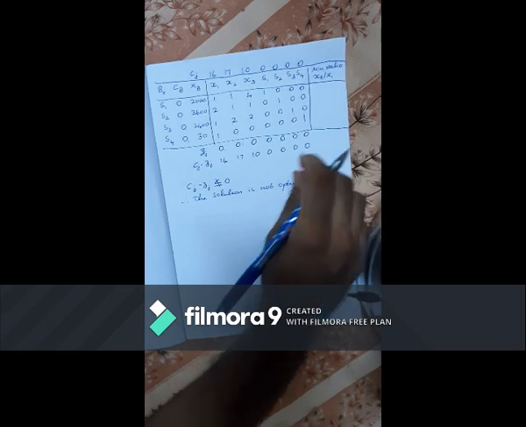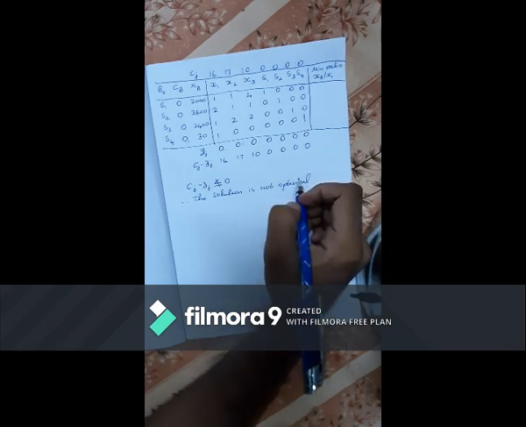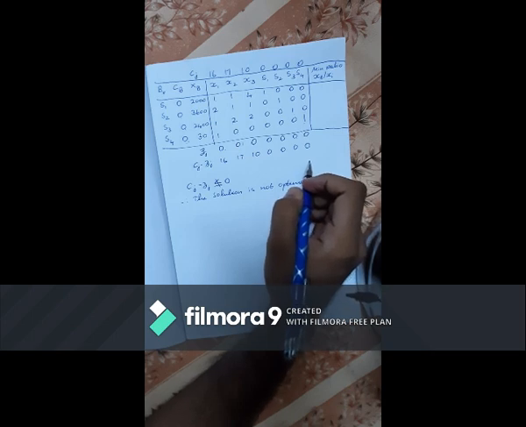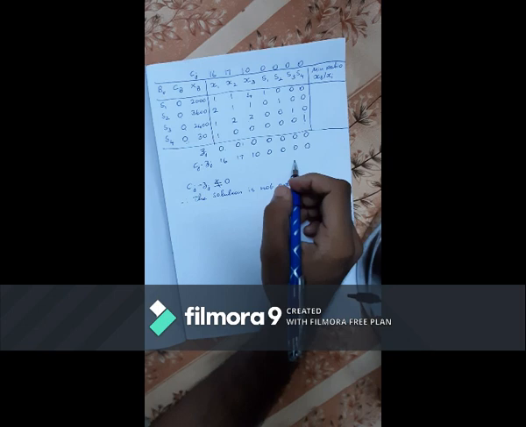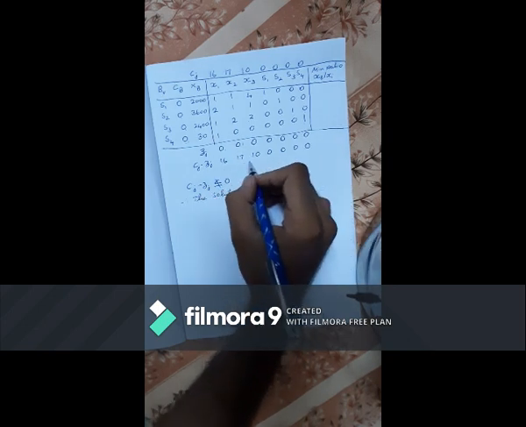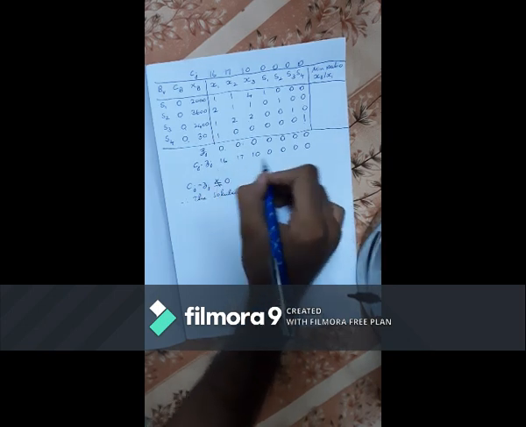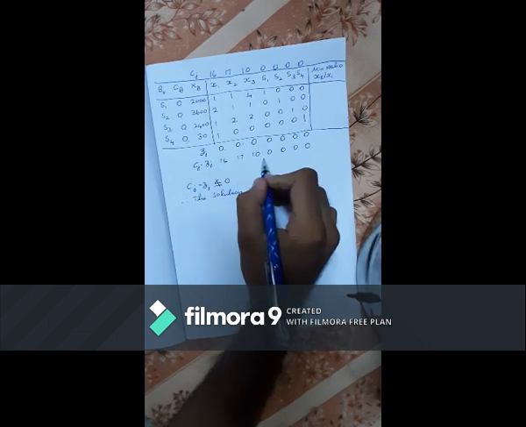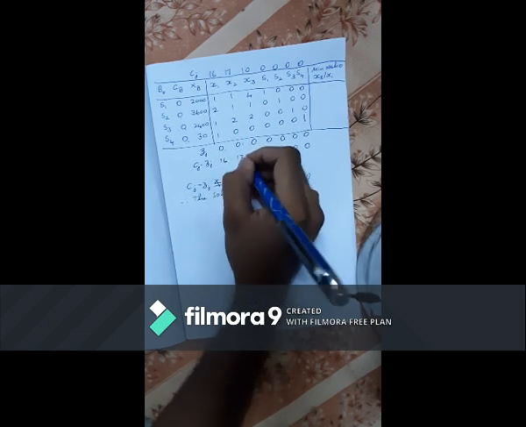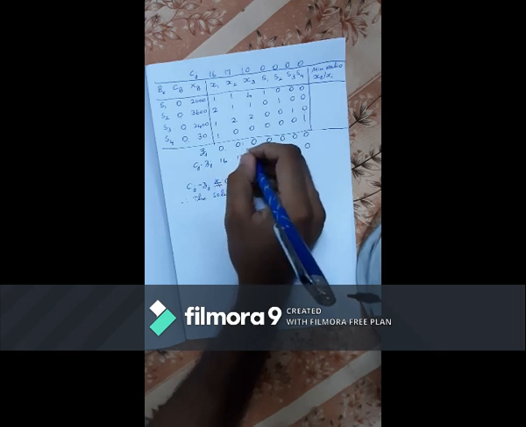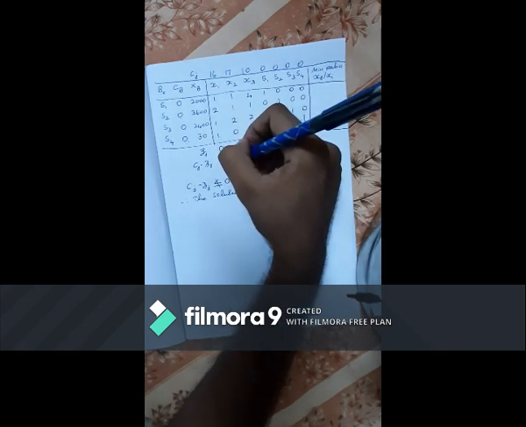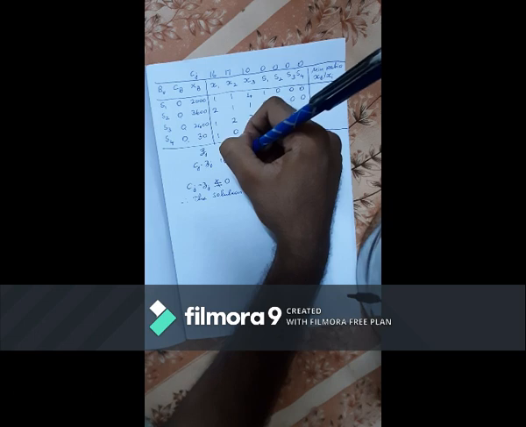Since the solution is not optimal, we have to form another simplex table. So for that we take the maximum value in Cj minus Zj. Which is the maximum value? It is 17. 17 is the maximum value. So this is the key column.